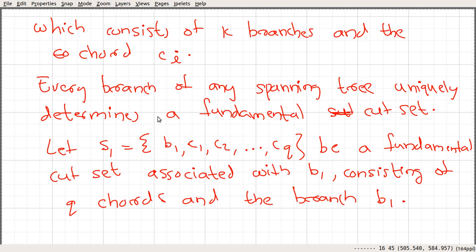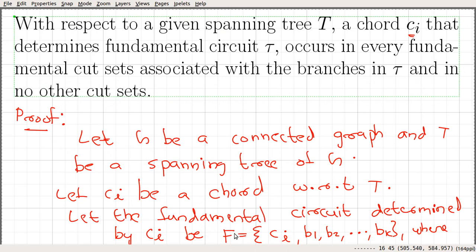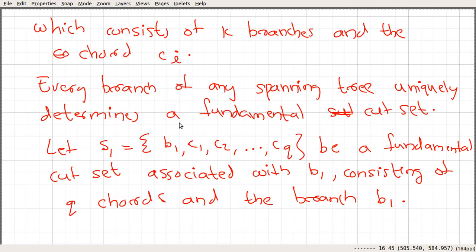Now we can see that this B1 is in both S1 and F. From the previous theorem we know that a cut set and a cycle have an even number of common edges.